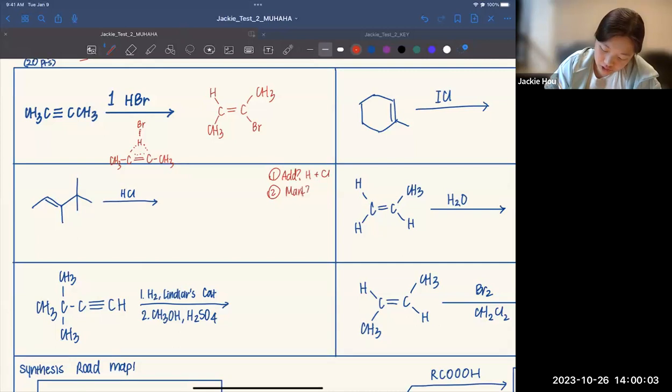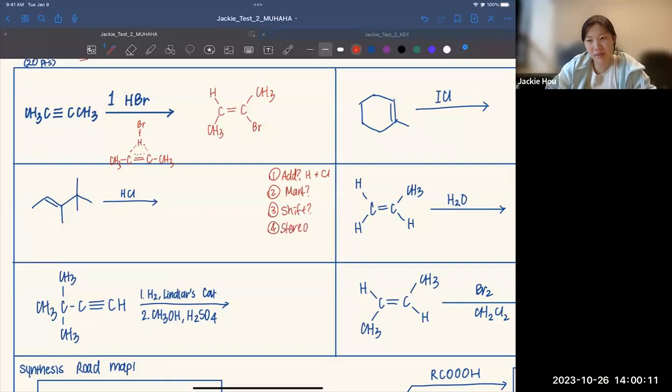And then does it shift? And lastly, I want to consider if it has stereochemistry. Stereochemistry only matters if it doesn't form a carbocation, right? And again, if it forms a carbocation, it has a possibility to shift, but it doesn't mean it will. And this is what this example is trying to show. So we know this acts Markovnikov.